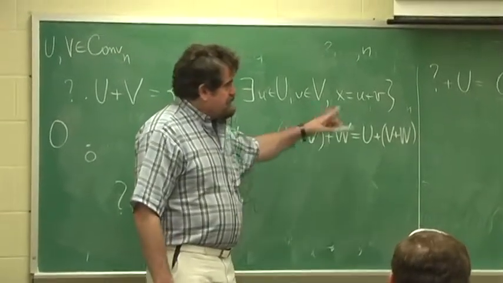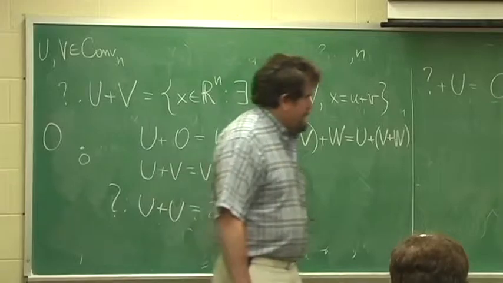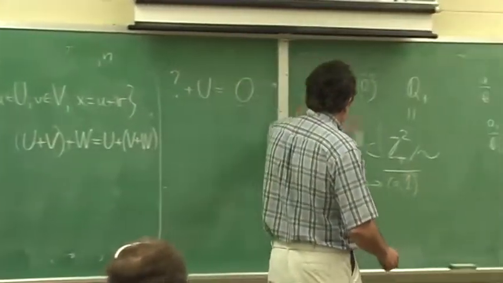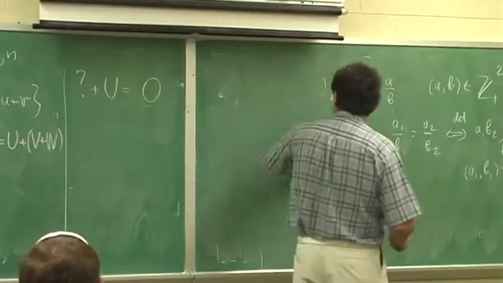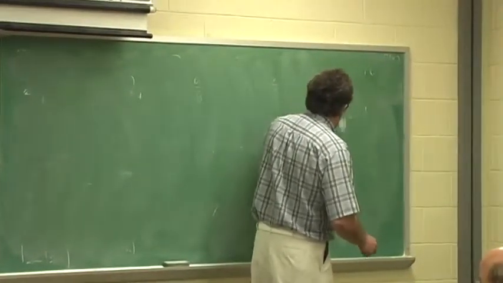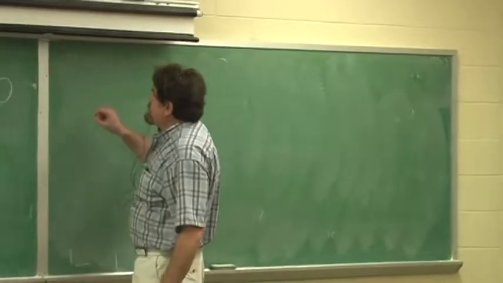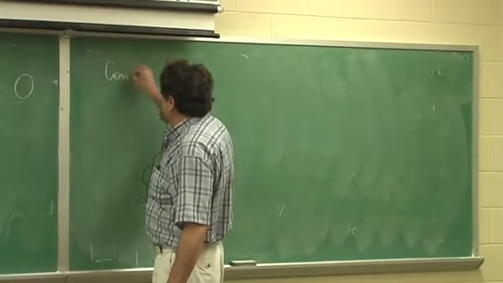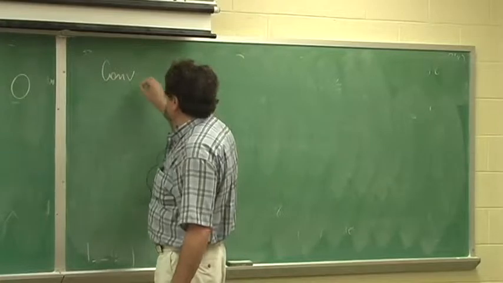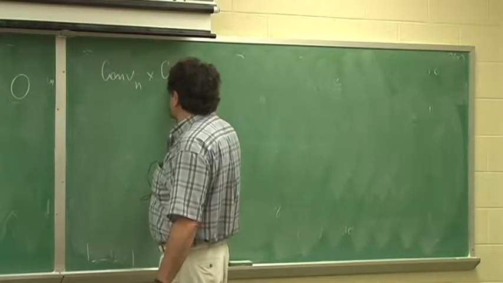So let me try to reproduce the same kind of reasoning in our case. So I consider convex n times convex n.